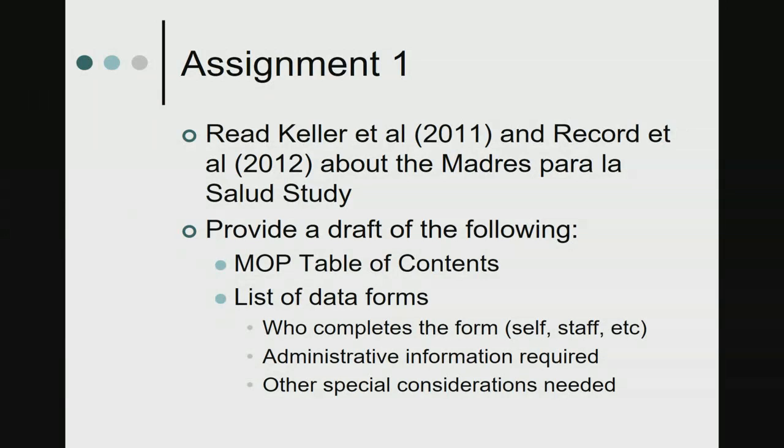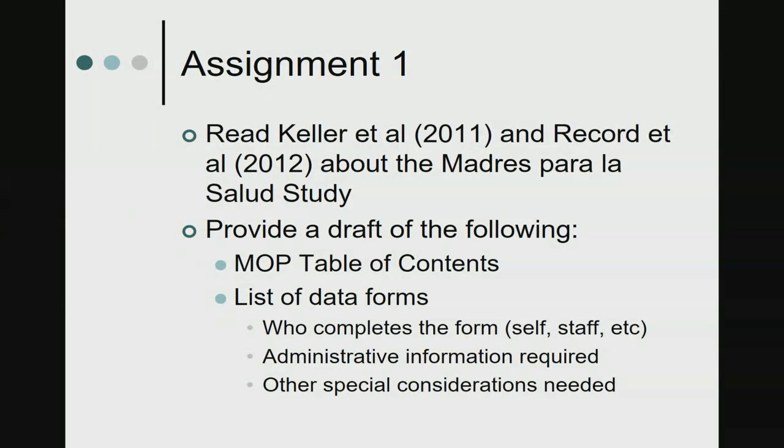So pay attention to the administrative data and any other special considerations. Is there something specific about that form that you need to consider? And think carefully about the title of the study. Look at the description of the people in the study and think about different versions of forms that you might need. Okay?